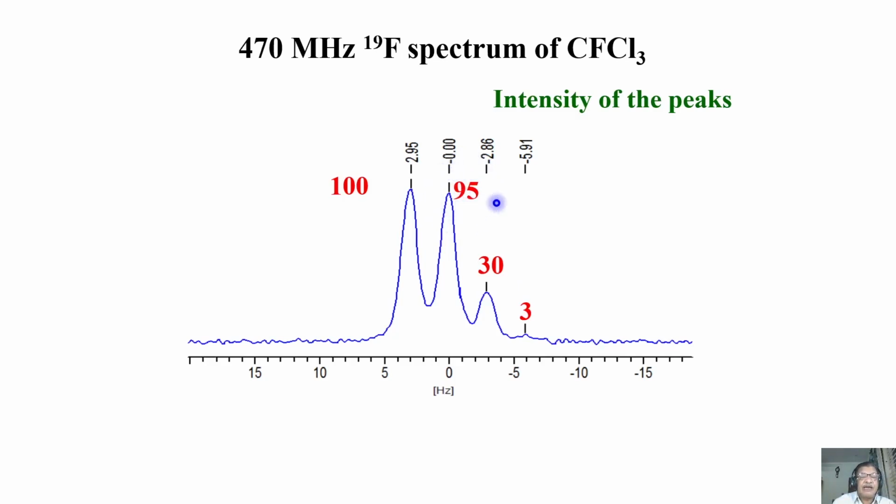The intensity, when we calculated, turns out to be 95%. For this isotopomer, where one chlorine is 35 and 2 chlorines are 37, there are 3 such possibilities, and when we calculated the populations, the intensity here turns out to be 30. Now, this is the last possibility where all the chlorines are 37, only one such possibility, and we got 3% intensity.